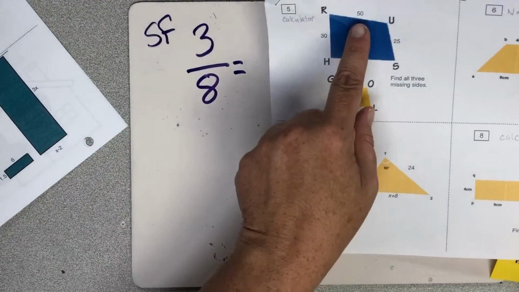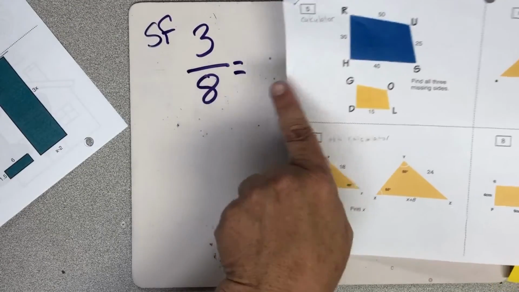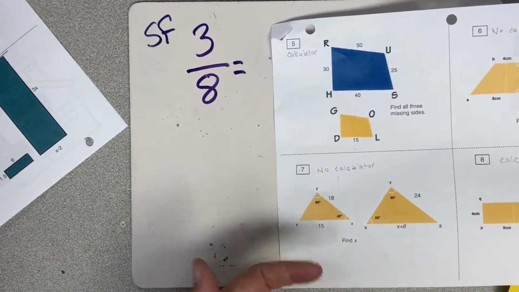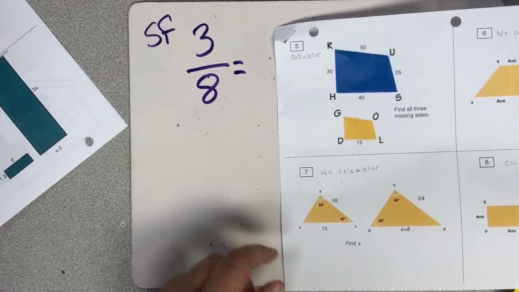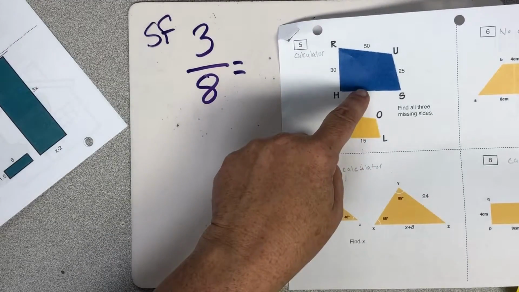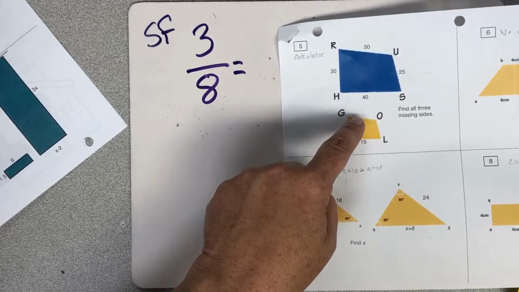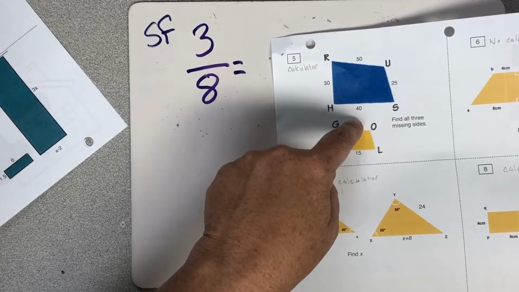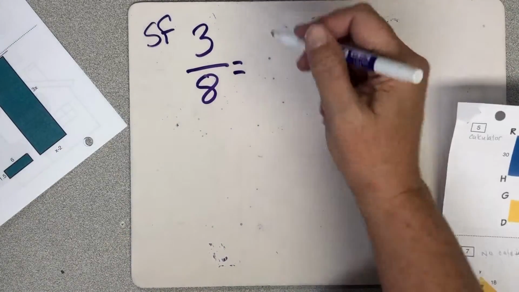Now, if I wanted, I could just take RU and multiply it by 3 over 8. That would be one way of getting my answer. I'm going to go ahead and solve it as a proportion. So 3 over 8, and I'm looking for GO, so that'll be GO over 50, and I'm going to use an X to represent my GO.